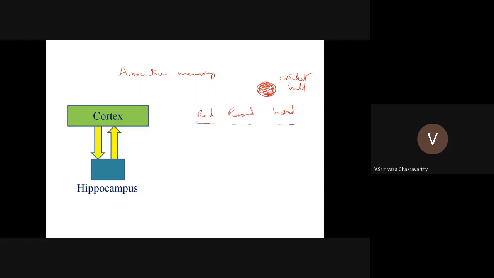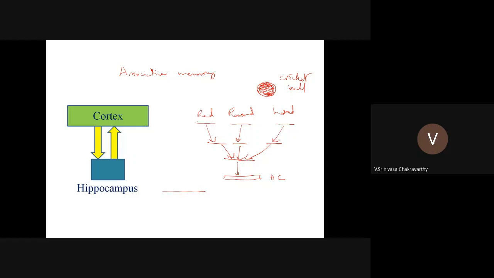Now all these areas project to hippocampus, not directly but through multiple stages. You can think of it as a kind of a CNN, where all this projects to another area, and then finally to this thing called hippocampus. I'm just showing hippocampus as one area. Let me simplify this picture.